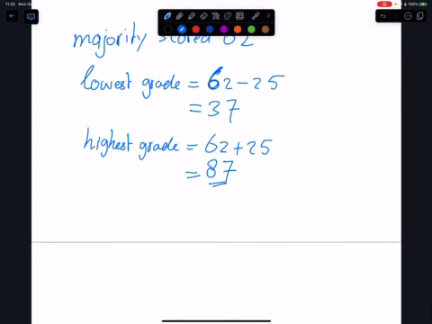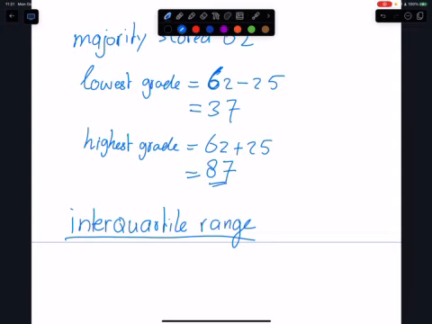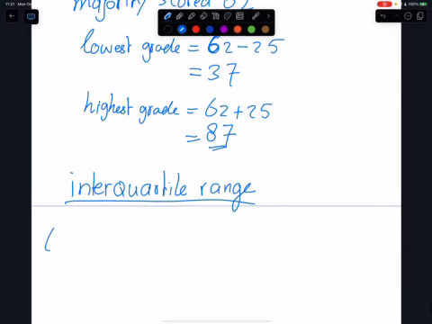Next, you have the interquartile range. Before you get to the interquartile range, you need to know two different things: the lower quartile and the upper quartile. The lower quartile, which is called Q1, is the 25th percentile of the class.